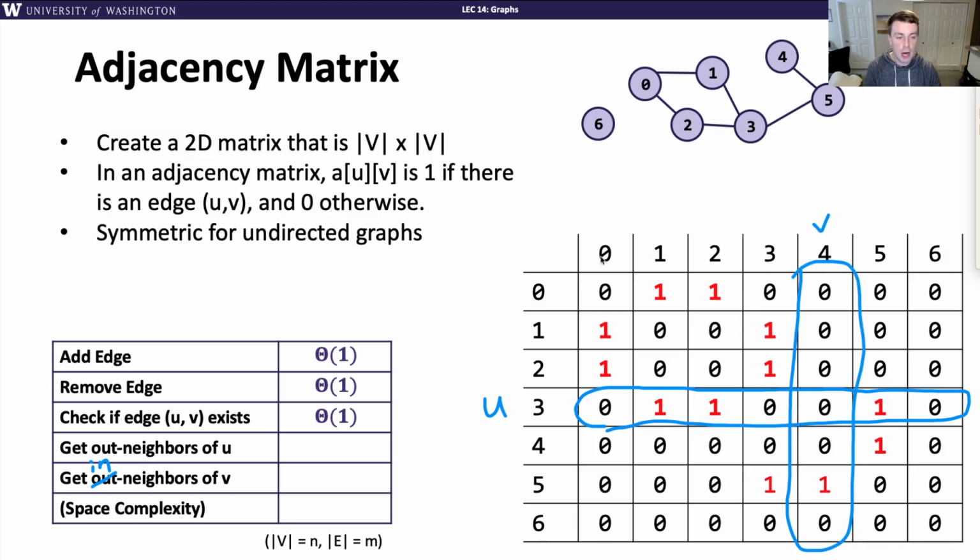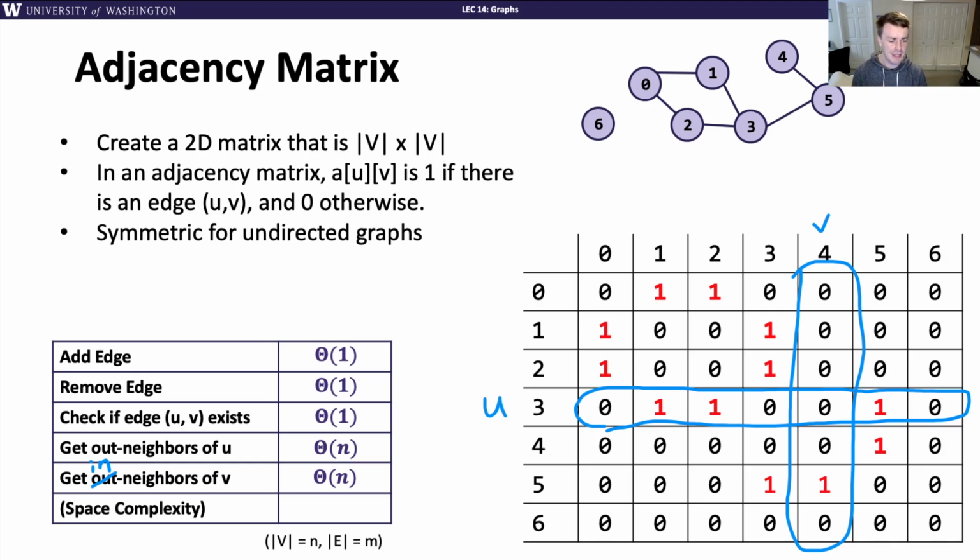Now, both of these operations are going to be based on how many nodes there are in the total graph. So for example, this works by iterating over an entire row or entire column. And we said here that this matrix is going to be n by n. It's going to have a row and a column for every vertex. So this runtime is really going to be bounded by O of n, which is okay.